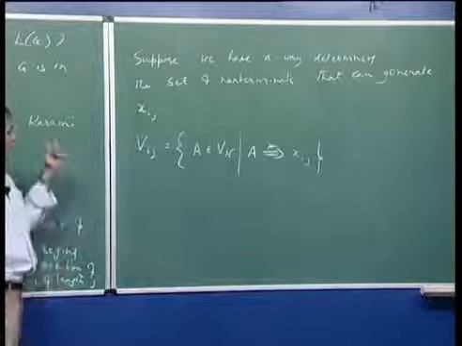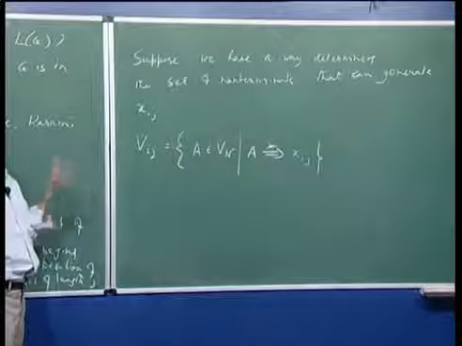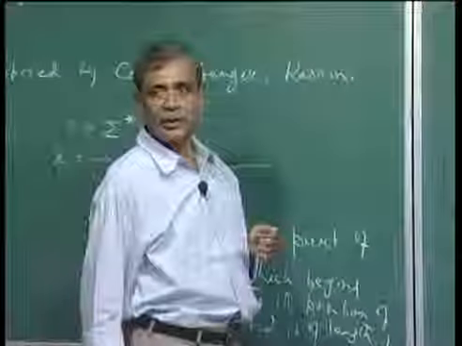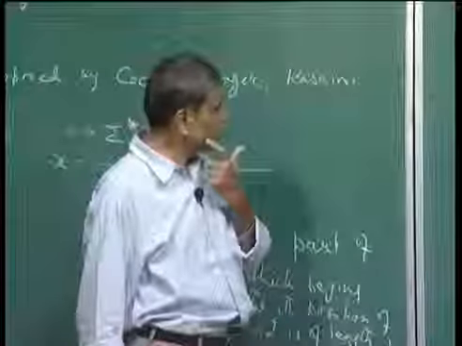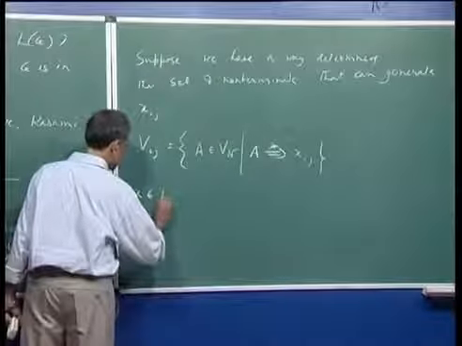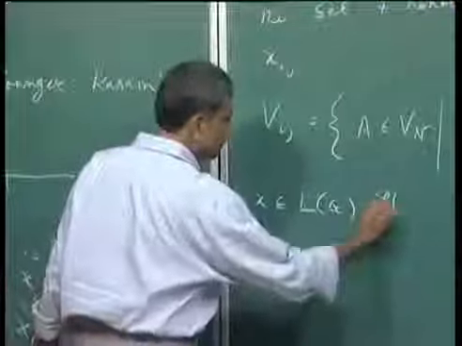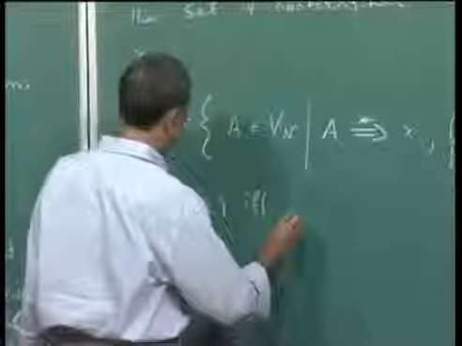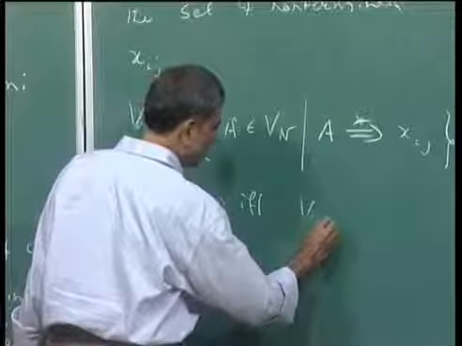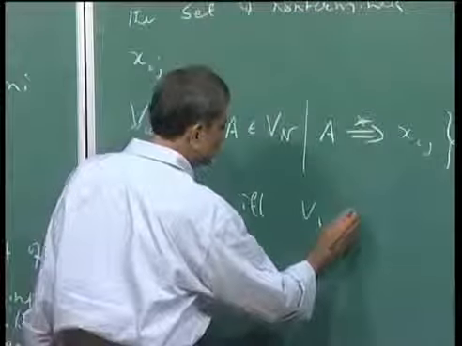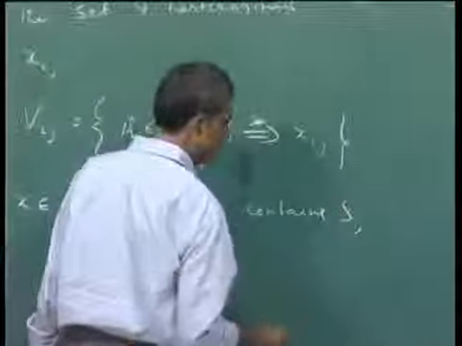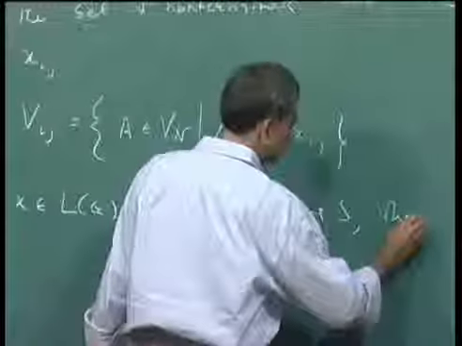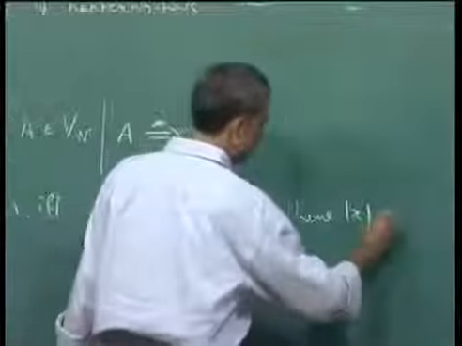And suppose we manage to do it for all possible values of i and j. Then it is quite clear that the string X is in L(G) if and only if V1n contains the start symbol, where the input string X is of length n.